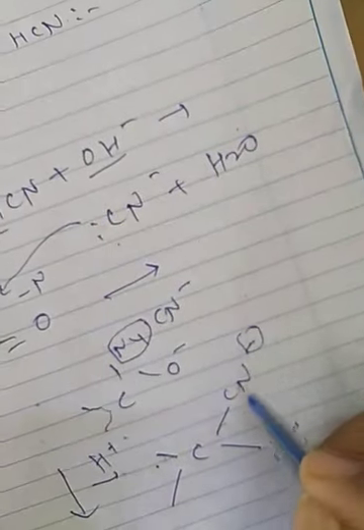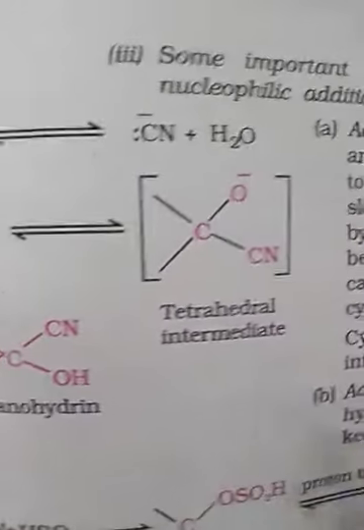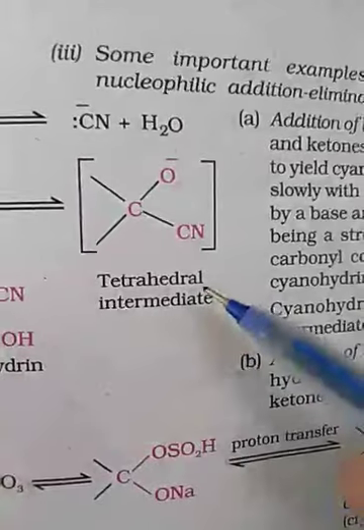So here not O negative, but this will be OH. And CN is also not negative because it is going to attach here only. So you are getting cyanohydrin. This one is called the cyanohydrin. This one is the intermediate product, that is called the tetrahedral intermediate product.